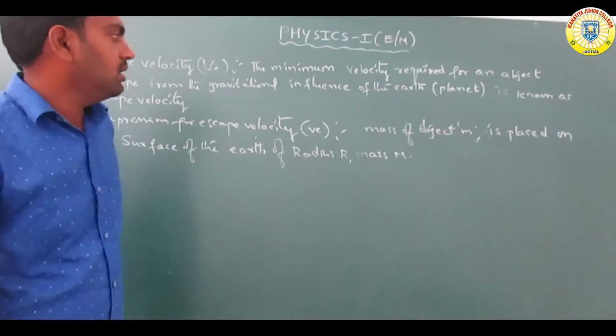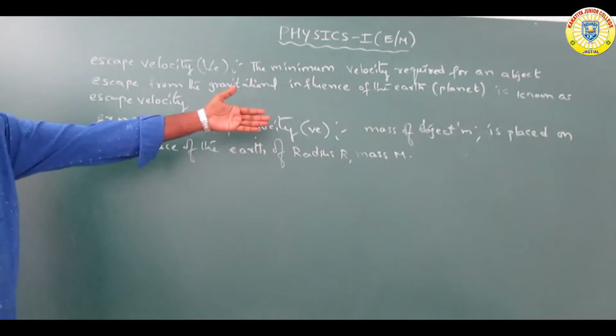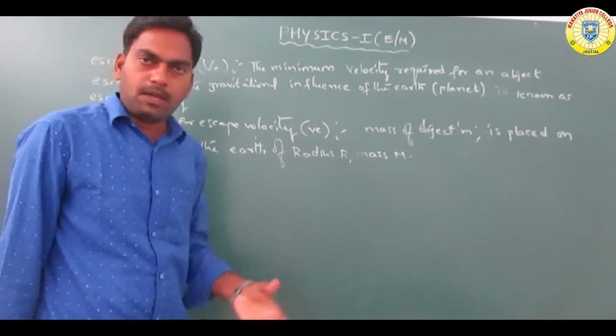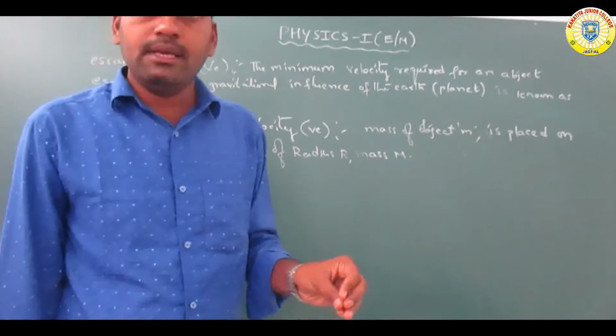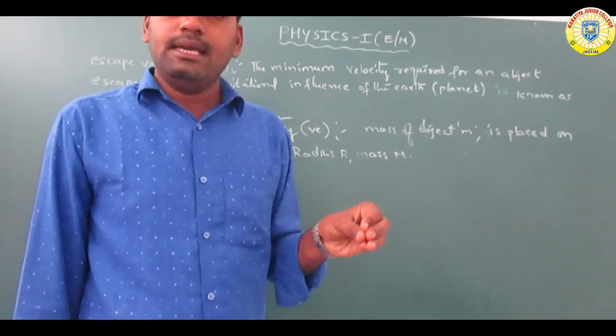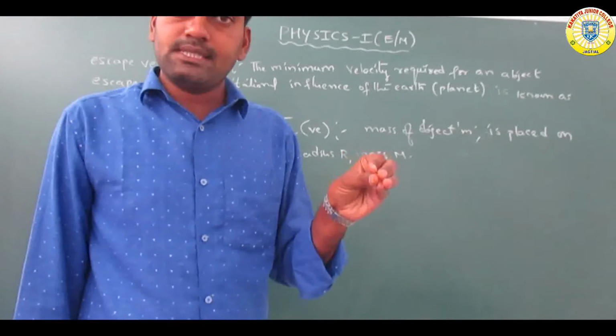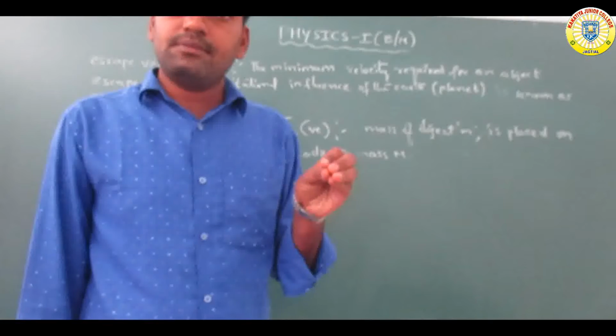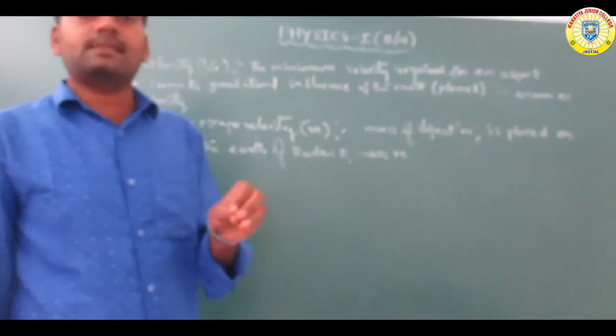So we consider the mass of the object, small m, the body or particle, placed on the surface of the planet or Earth.